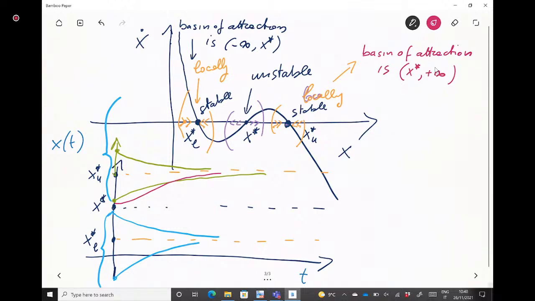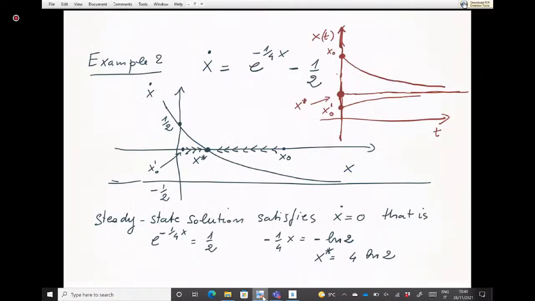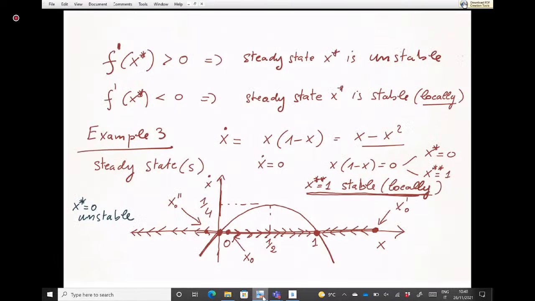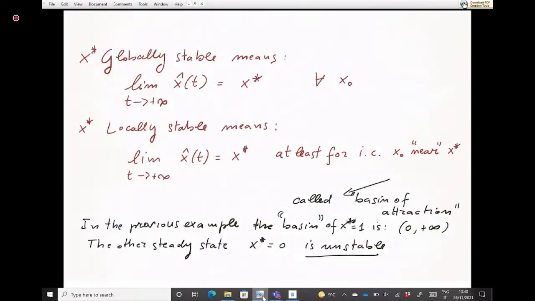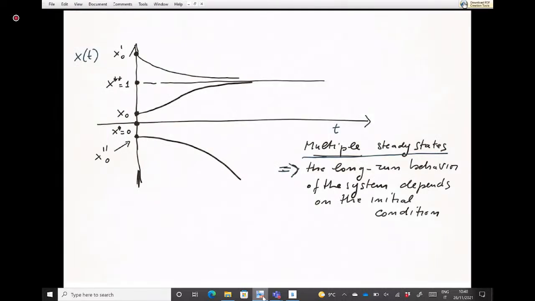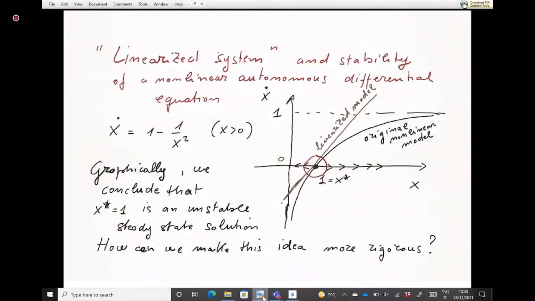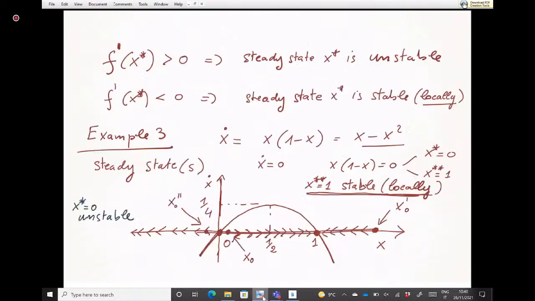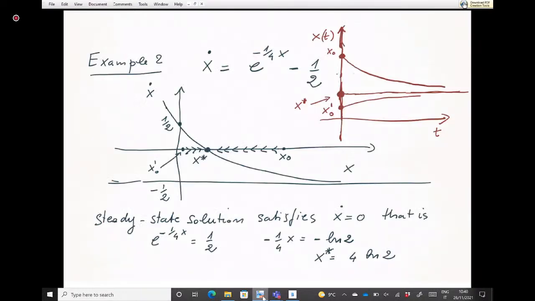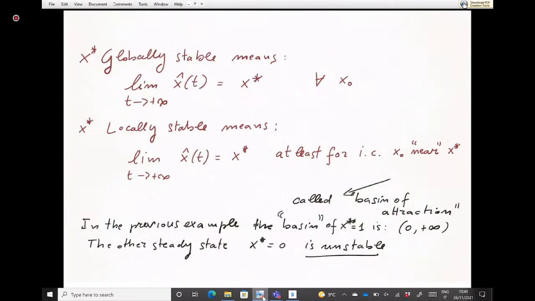Okay, so I think that now, let me see if there is more. Okay, this is the case of the logistic one again. And here is a summary of what we did. So I suggest to stop for 15 minutes and then to continue later and to conclude this part on qualitative analysis.